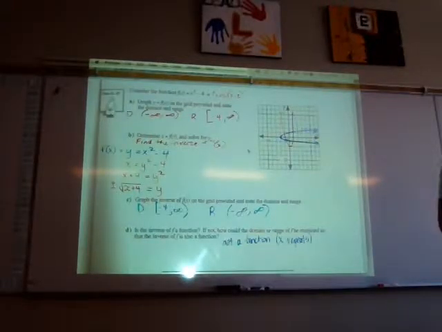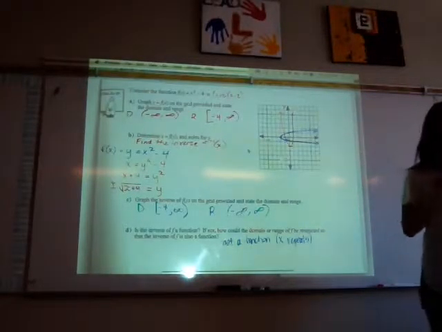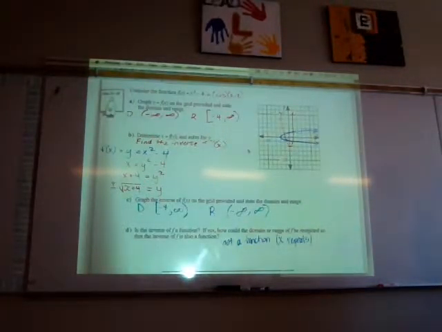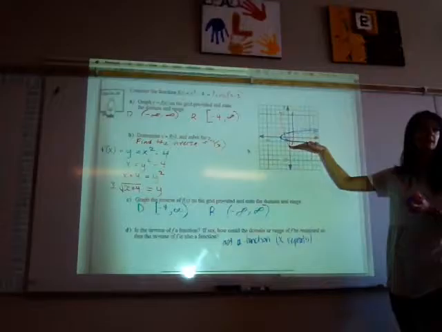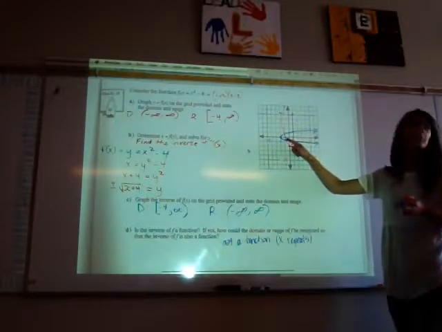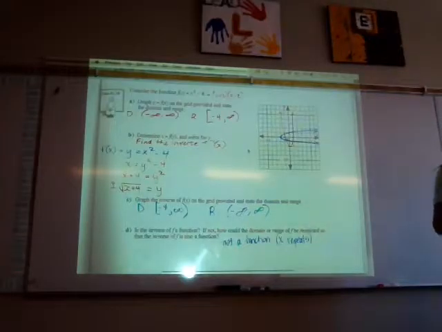Dawson? On the inverse or the original? Okay, so if I restricted the range of the original one so it didn't go past 0, you would still have a little mini parabola left. So if you switched it, you'd still have a relation, not a function.